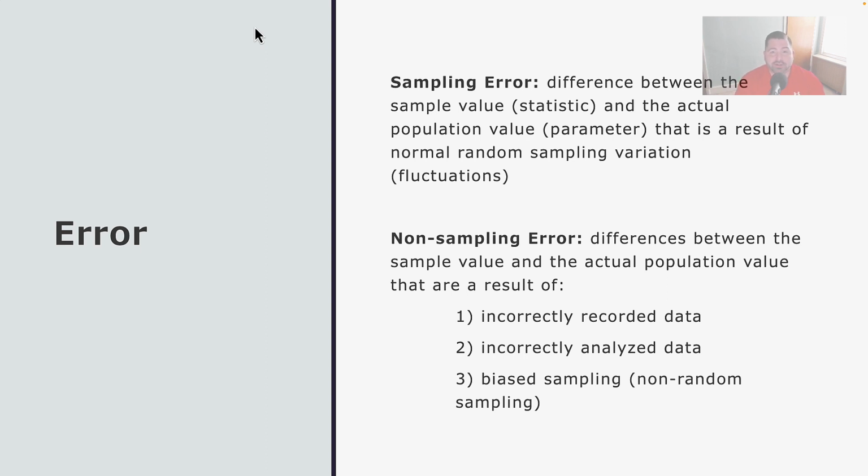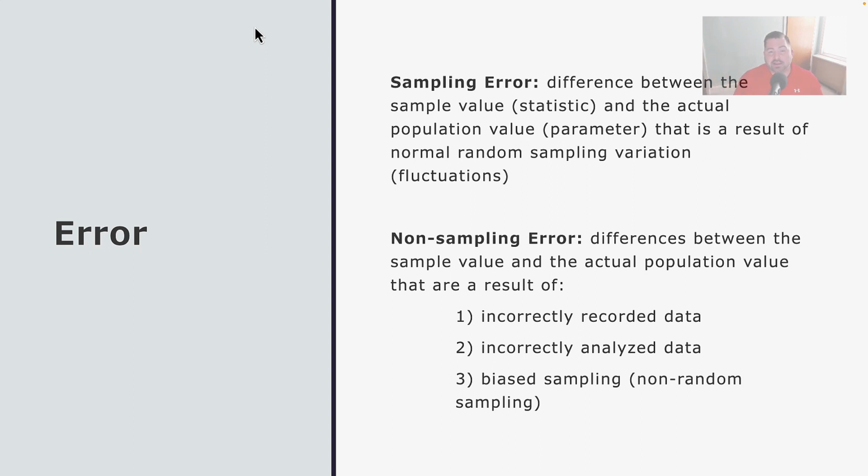We have this thing called sampling error, which is a difference between the sample value, or the statistic, and the actual population value, which is a result of normal random sampling variations or fluctuations. For example, when I recruit a given sample from the population of interest and I collect data on that sample of individuals, how do I know that that sample actually is truly reflective of the larger population?